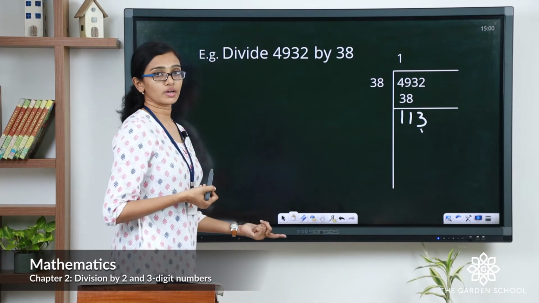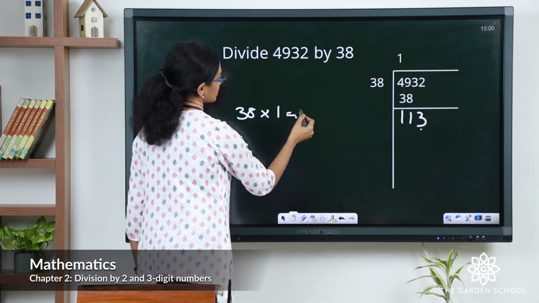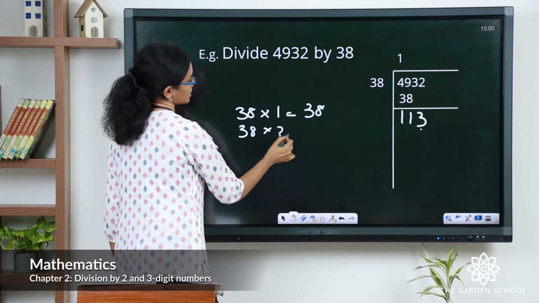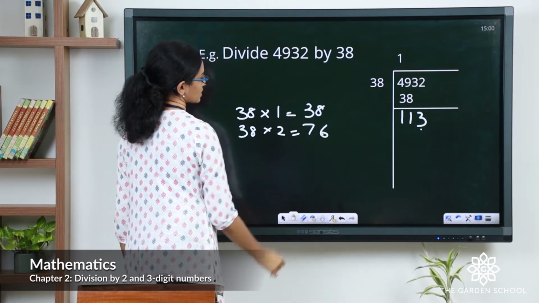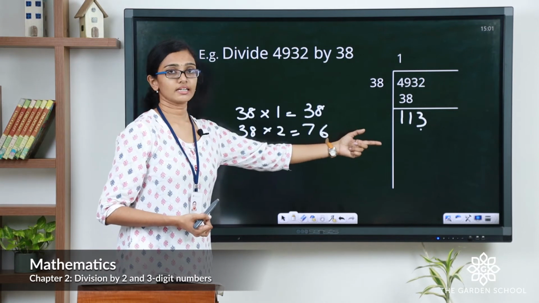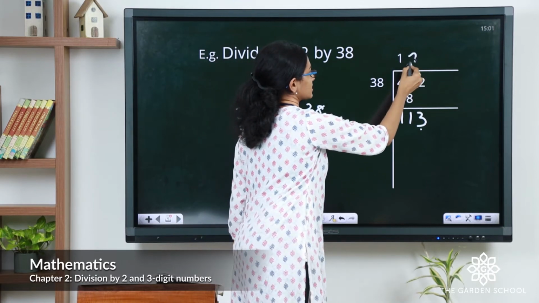How many 38s are there in 113? 38 ones are 38. 38 twos are 76. Now, will 3 38s go in 113? No, right? So, let's take this 2 and write this here.